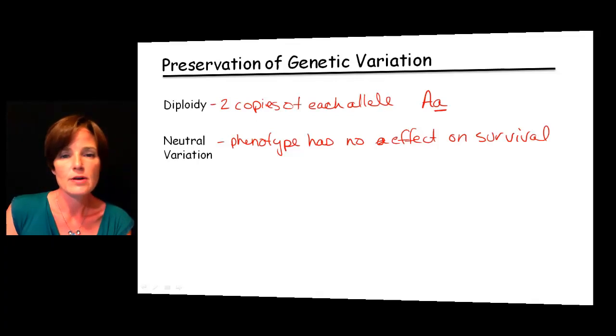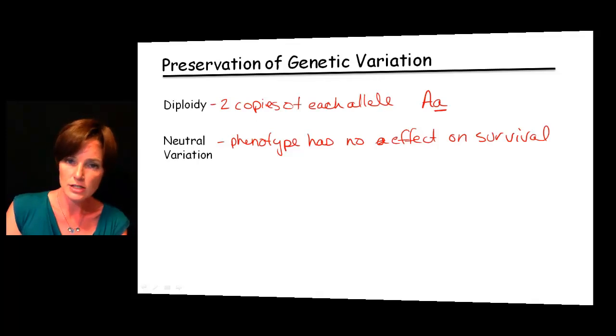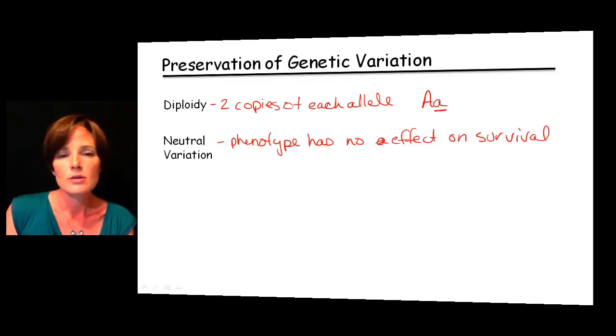So we have a maintenance of this genetic variation in our phenotype, which happens to be our fingerprints and what they look like. There are many things like that that do not affect whether we survive. Think about things like blood type. It doesn't matter whether we're A, O, AB, A positive. We have equal chances of survival. That's what we're talking about with neutral variation.